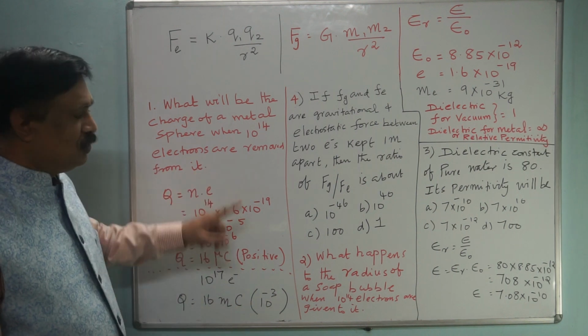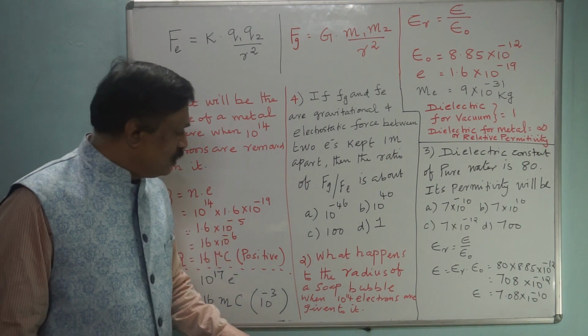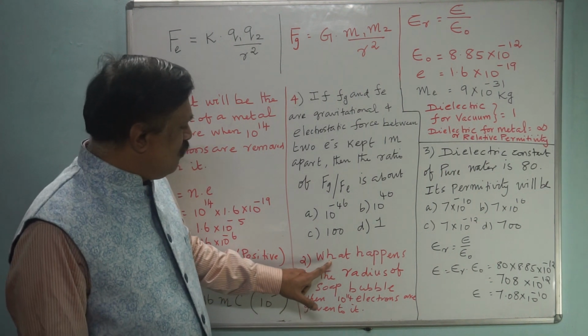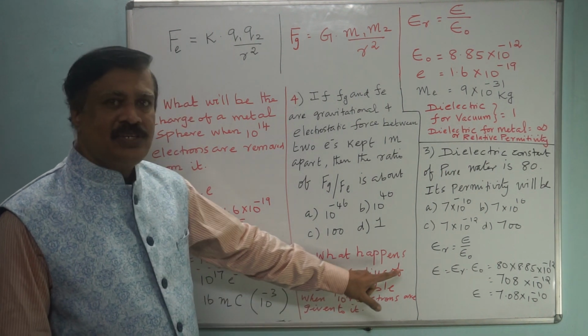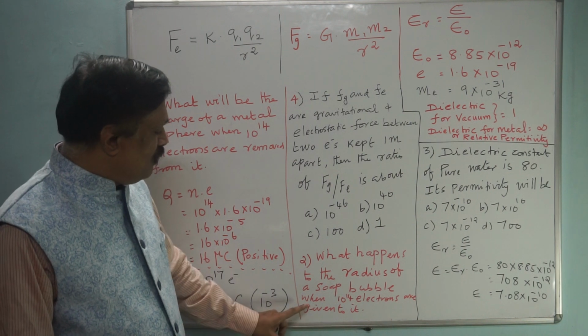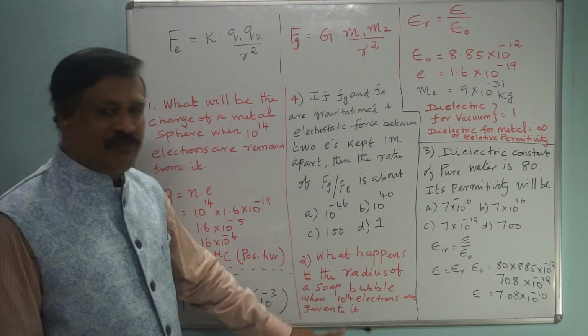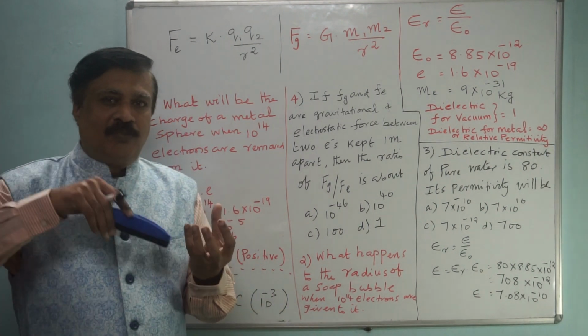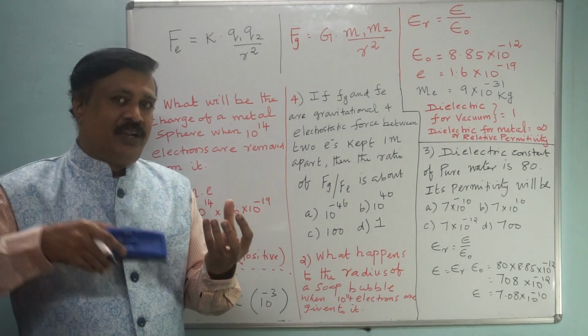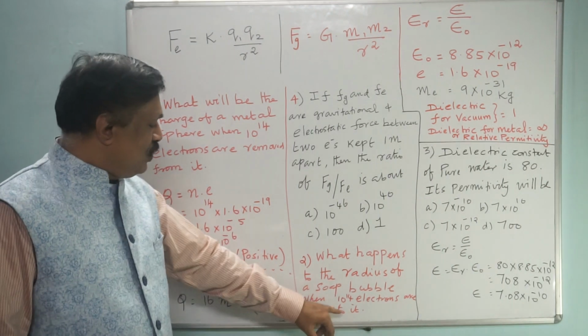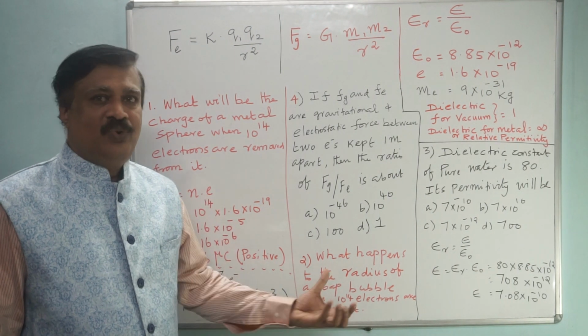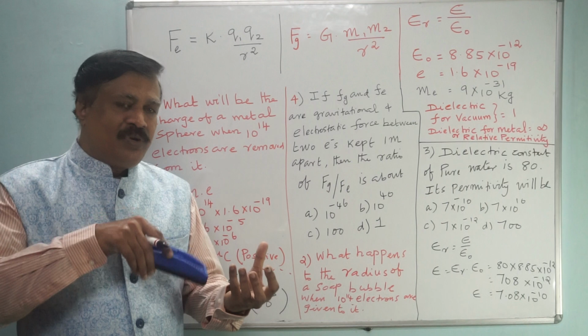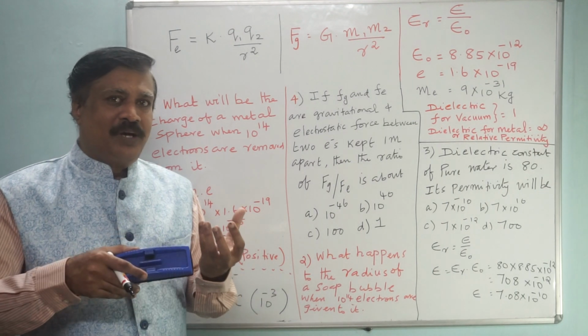Now, we have seen two problems. And another one, next one, what happens to the radius of a soap bubble when 10 power 14 electrons are given to it? Okay, a soap bubble is there, and you are giving some amount of charges, or electrons. Okay, and value is given, sometimes they will not give value also. Okay, if you give negative charge to a soap bubble, what happens?